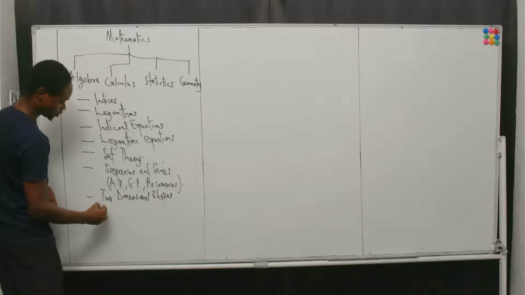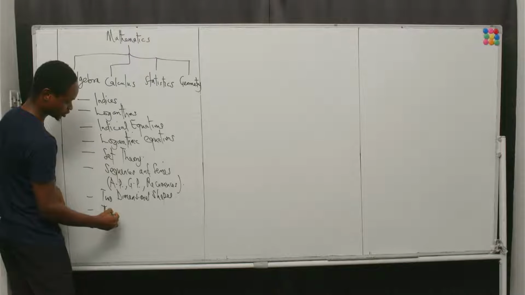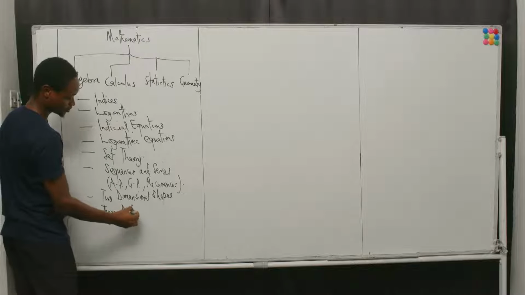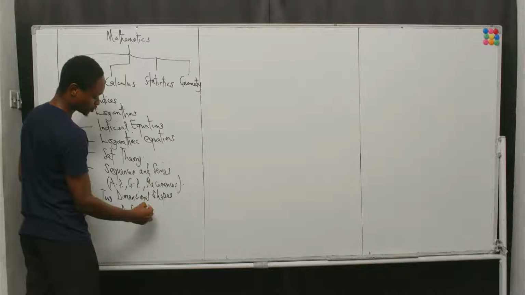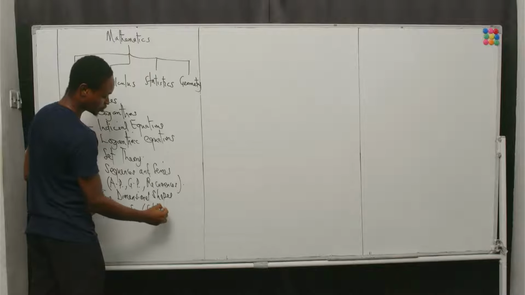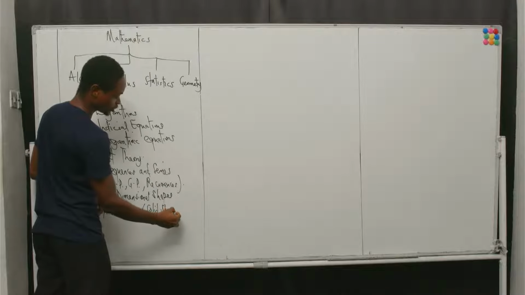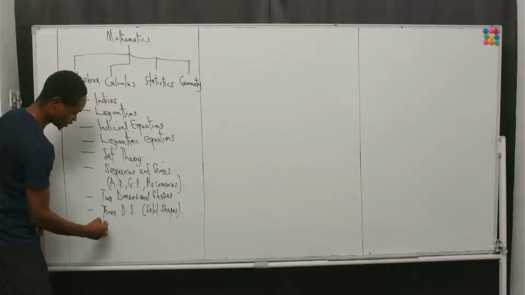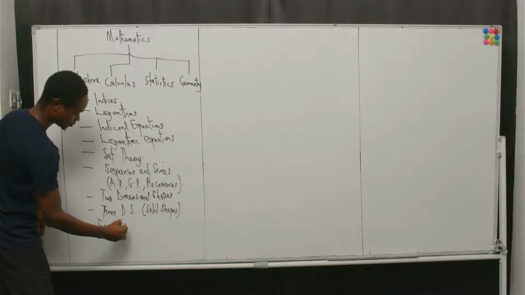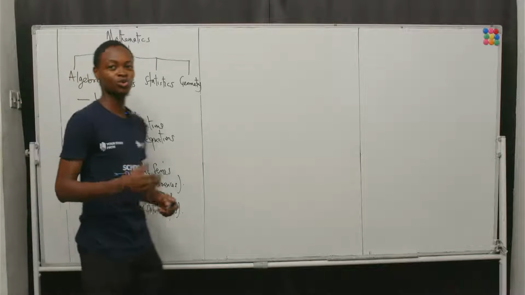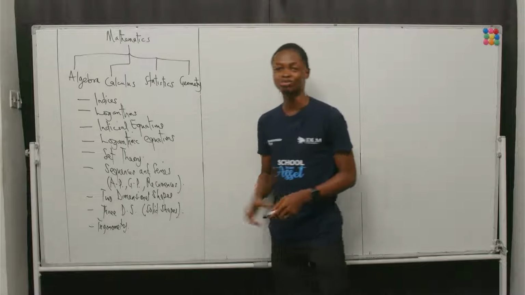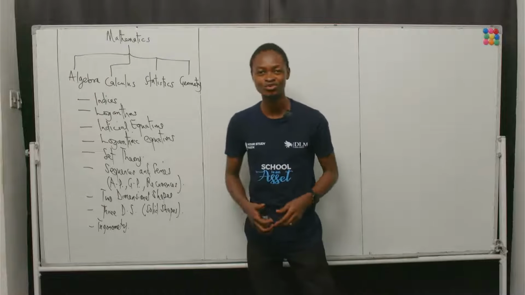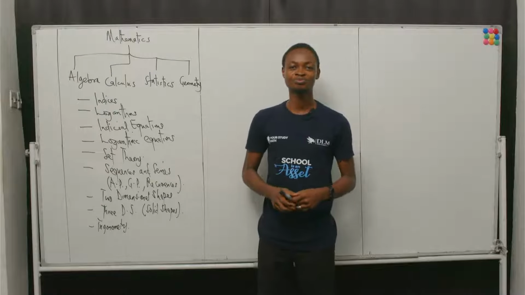We will discuss three-dimensional shapes, which are usually called solid shapes, while the two-dimensional shapes are called plane shapes. Beyond this, we will consider trigonometry alongside a host of other topics, but this gives you an idea of where we'll be coming from.